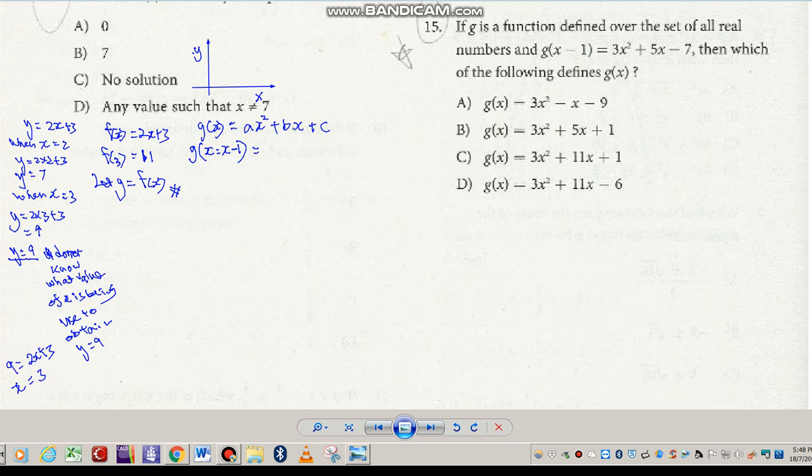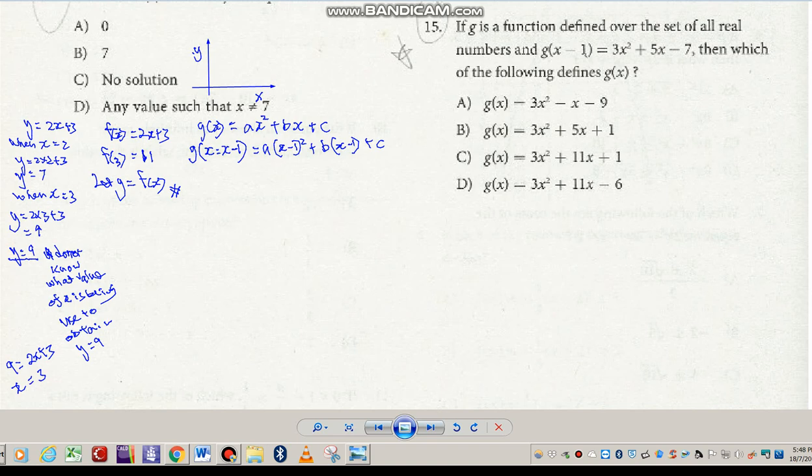What will happen to this function when the x becomes x minus 1? It's very straightforward. We just substitute: a(x minus 1) squared plus b(x minus 1) plus c. How do I know g(x) is ax² plus bx plus c? You look carefully. It's purely a substitution of x with x minus 1.